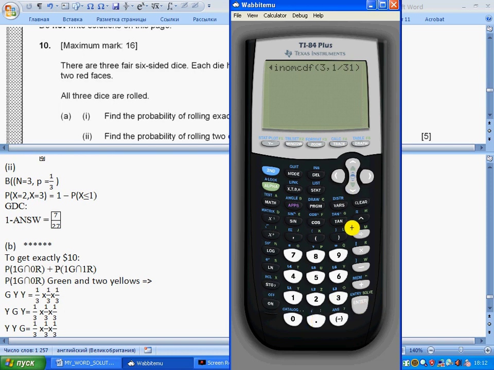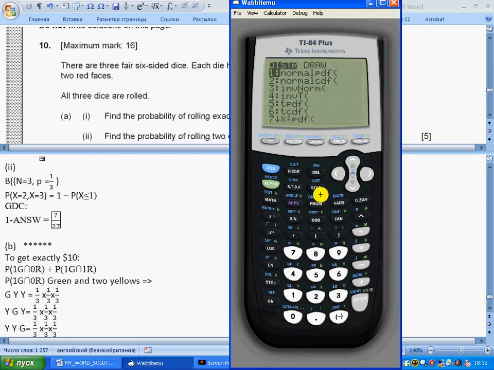Okay, let's repeat. So second vars, I inserted wrongly, so cumulative distribution, trials 3, 1 divided by 3, so be attentive. X value 1, paste. Now everything is okay.